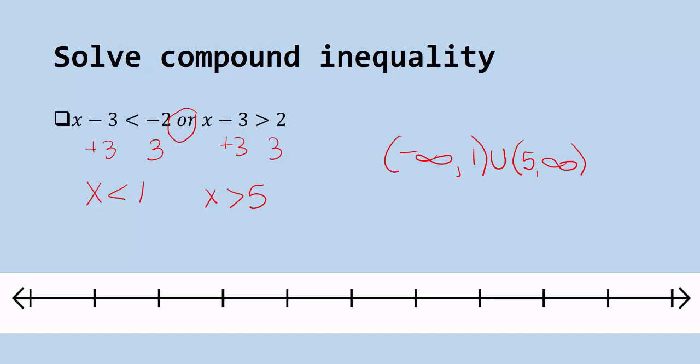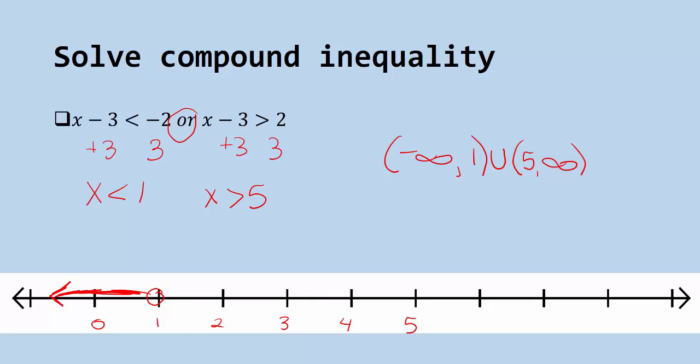So graphing, I need 1 and 5, so I'm going to make this my 0. This will be 1, 2, 3, 4, 5. So the left interval starts at 1. And again, it's an open circle in this example because there's not an equal to sign. It goes to negative infinity, so it goes off this way.